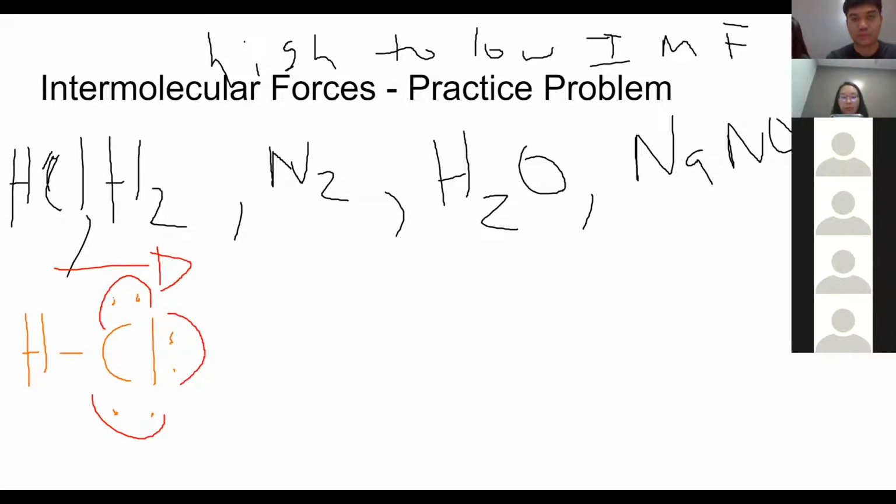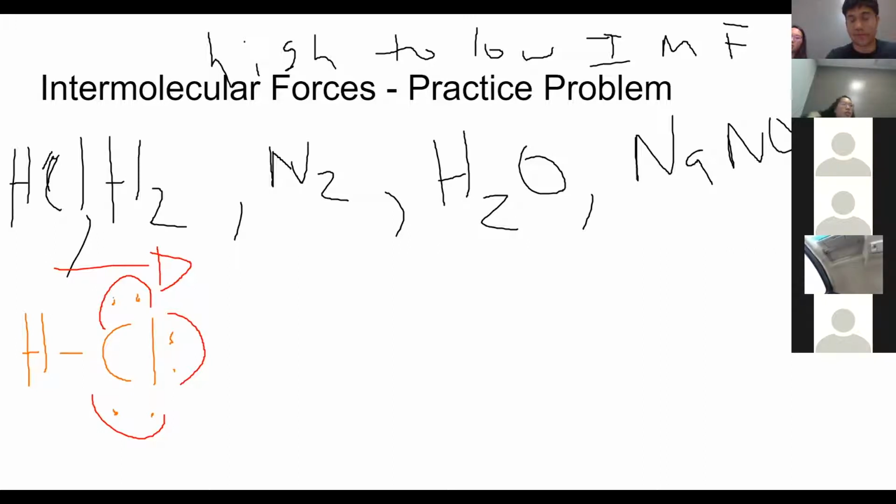So if we know it's polar, what can we say about its intermolecular forces? Would it have an ion-ion? No, because it's covalent. Does it have ion-dipole? No, because it's not ionic and it's not in water.